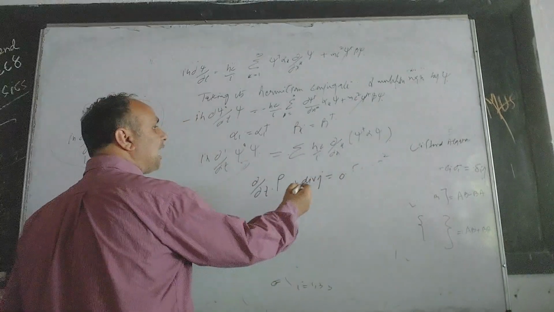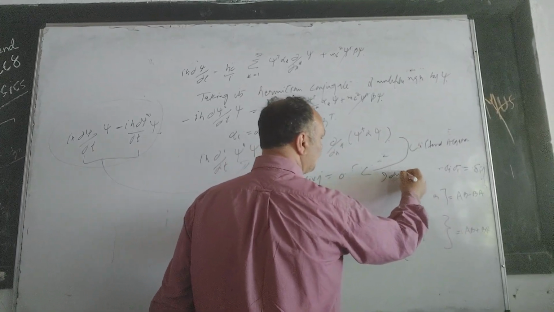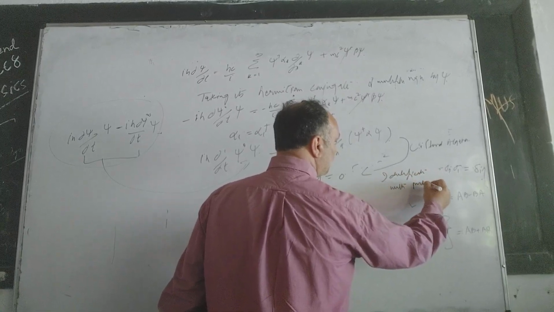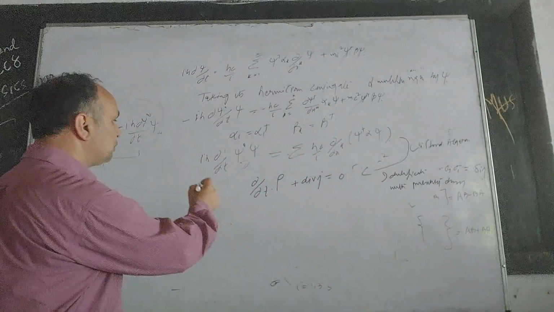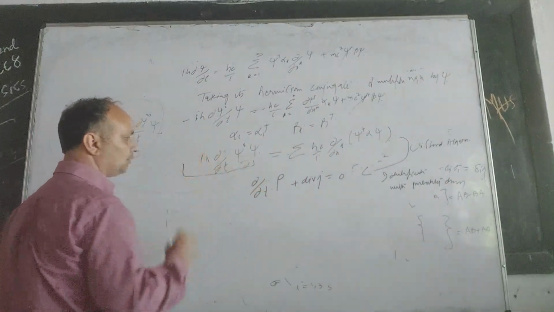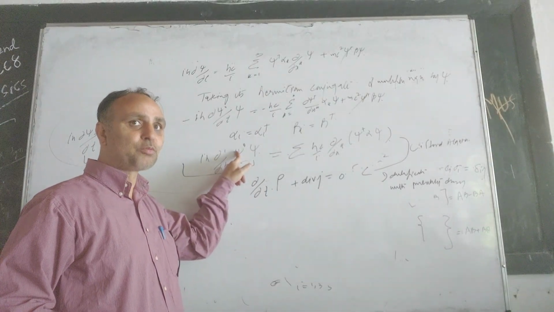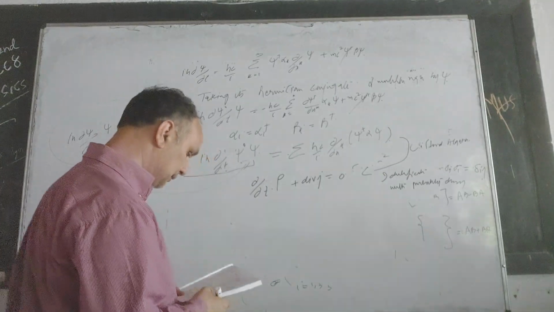We can make the identification with the probability density: rho is basically psi star psi. This is the probability density of the wave function which we are finding.